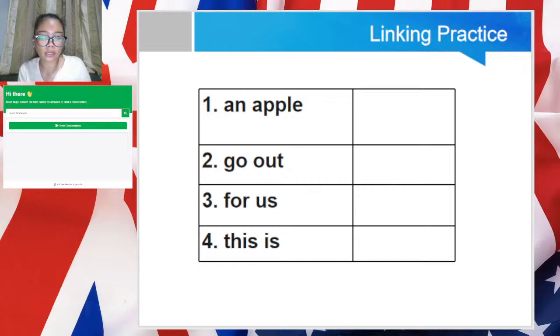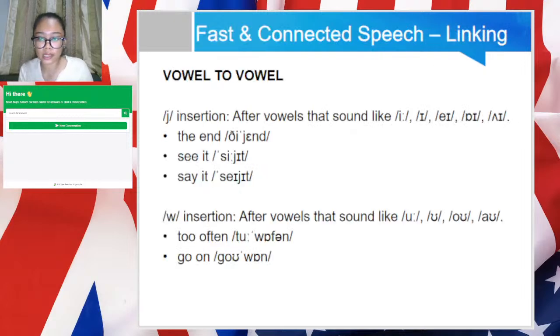Next, "go out, go out." There's a W sound there. "For us, for us." And lastly, "disease, disease." It almost sounds like "disease," but it's a little bit more buzzing. All right, that is on linking practice.